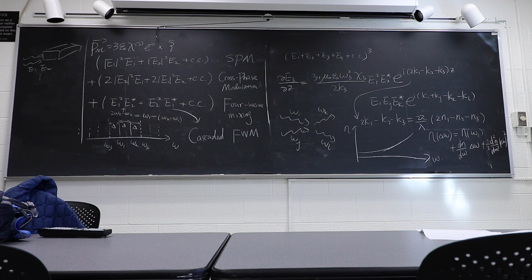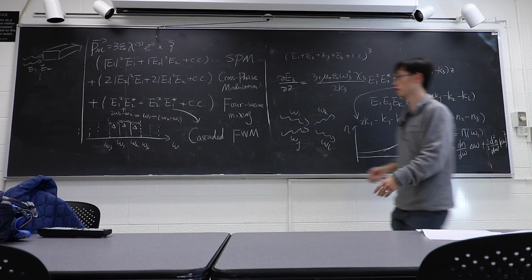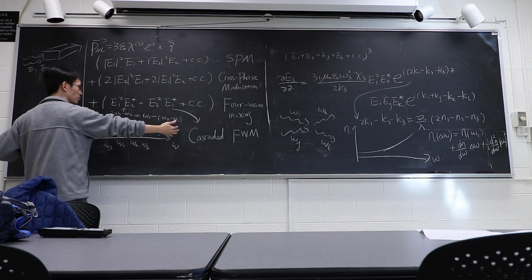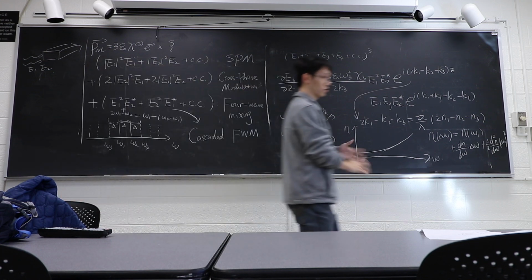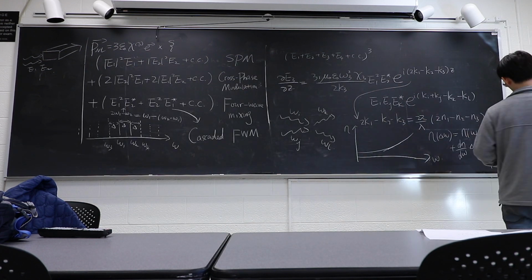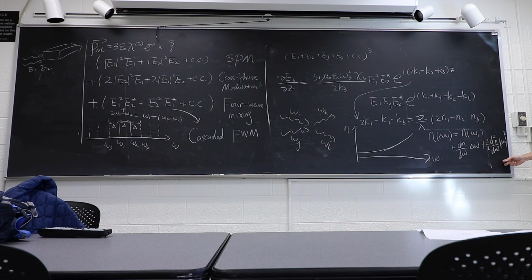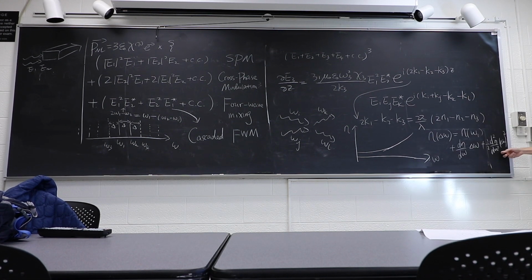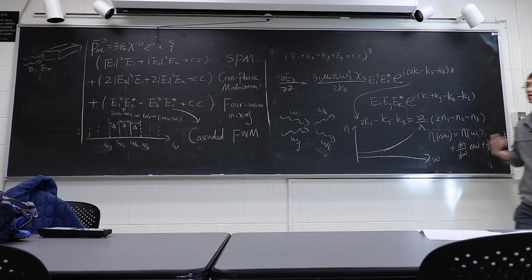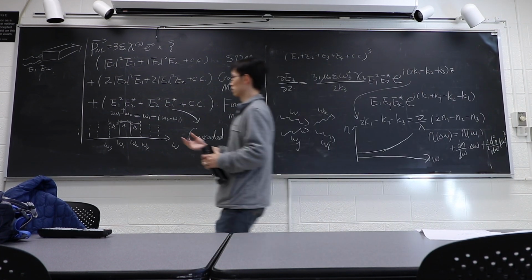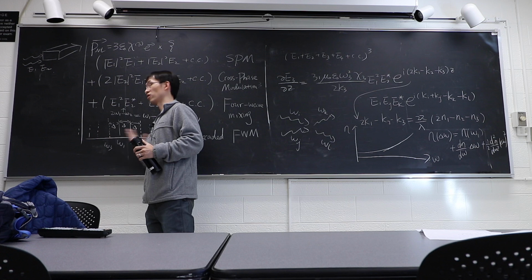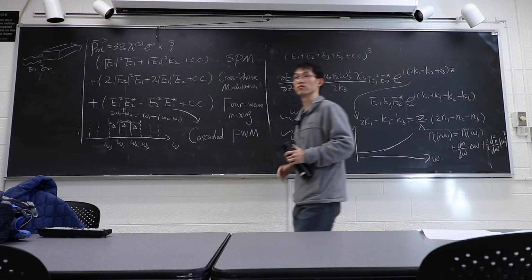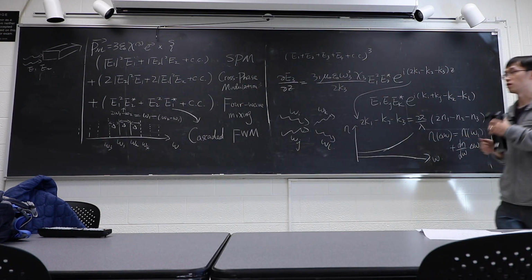So when you start to cascade a lot of them, you need to start to consider the higher order dispersion. It's not linear anymore. And this is called group velocity dispersion. Group velocity dispersion is the thing that limits how far you can go with the cascaded 4-wave mixing.